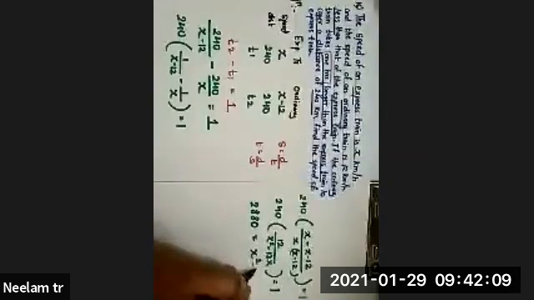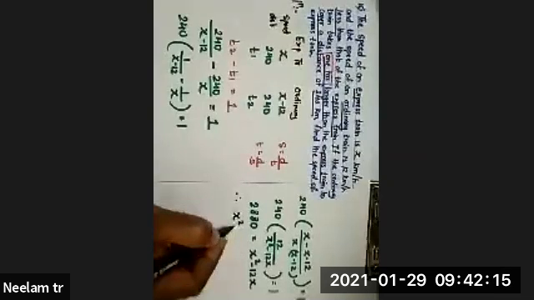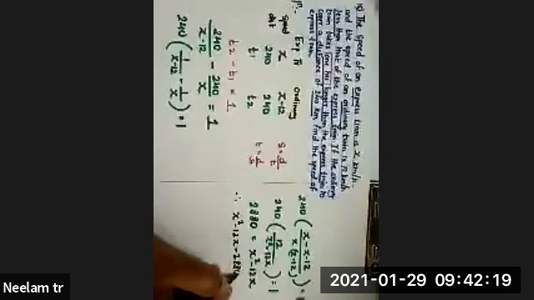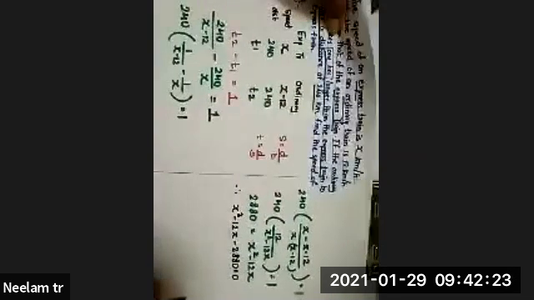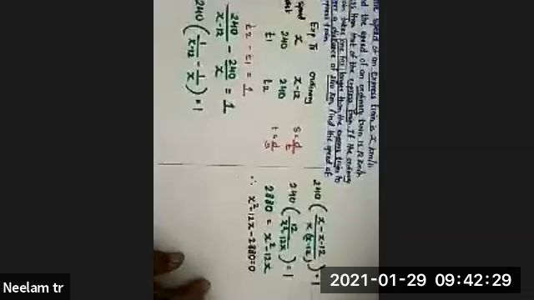And when this goes to the right hand side, multiplied by 1, it will become x square minus 12x. Okay? Now you got your quadratic equation. That is x square minus 12x minus 2880 is equal to 0. This is your quadratic equation, class.